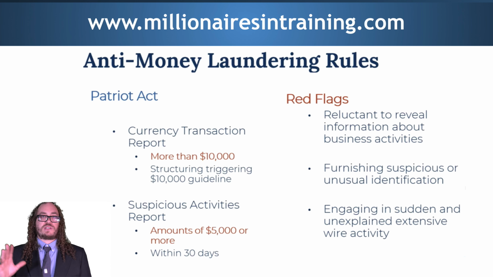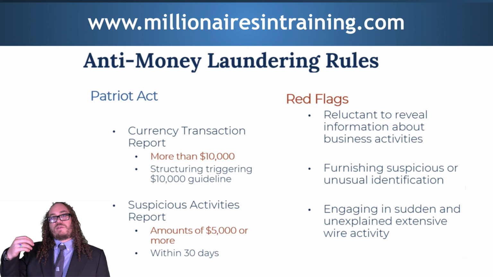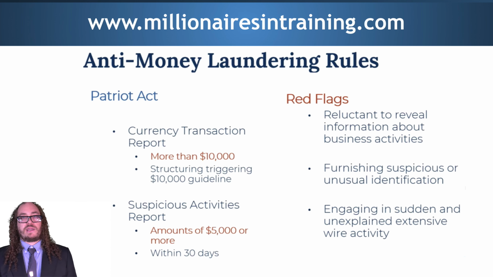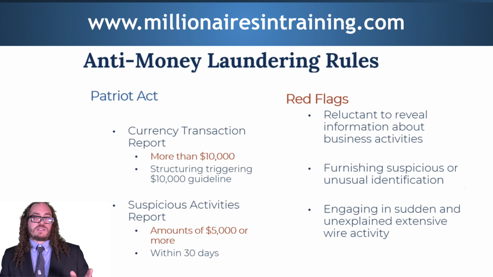Cash equivalents for securities would be like an old bearer bond that has no ownership recorded, a cashier's check, a money order, a wire, even cash bank deposits. Those are all cash equivalents. If you have an investor that's writing a check off of their bank account, then that's not a problem. We can trace that money back to their bank account. But it's all the other things that we really get concerned with.